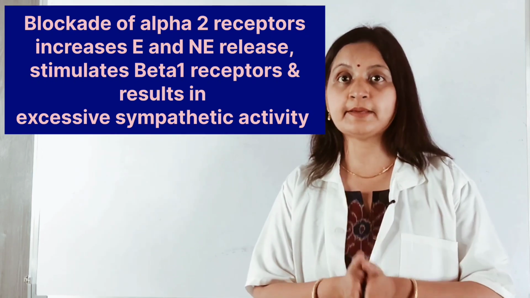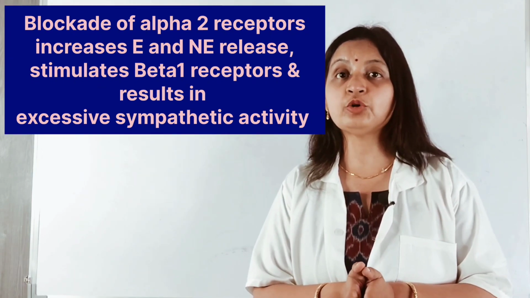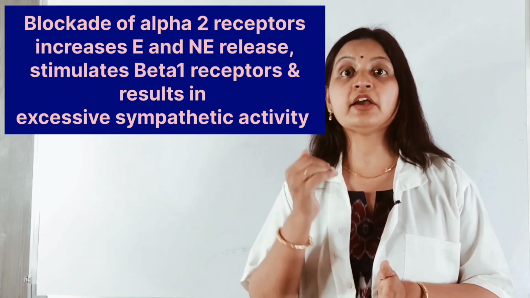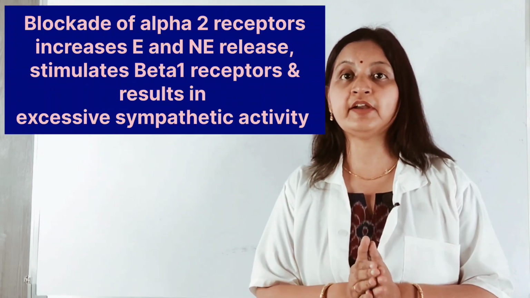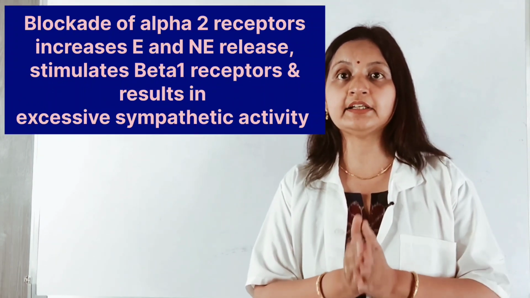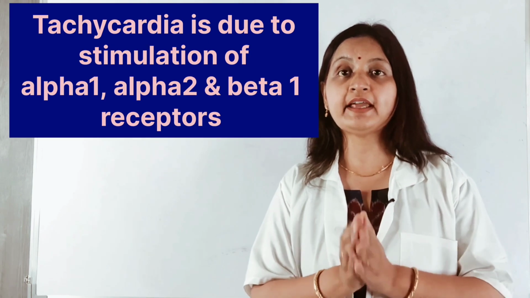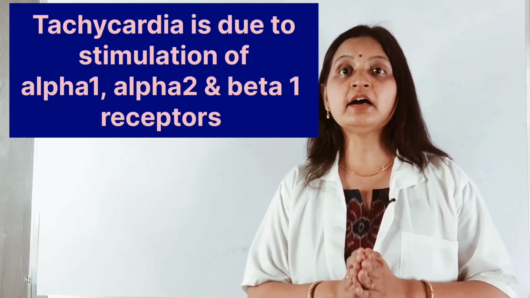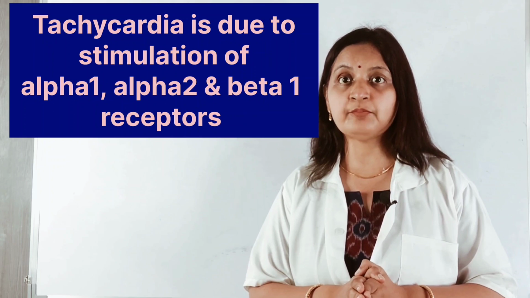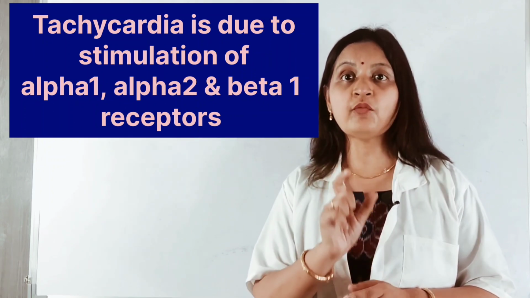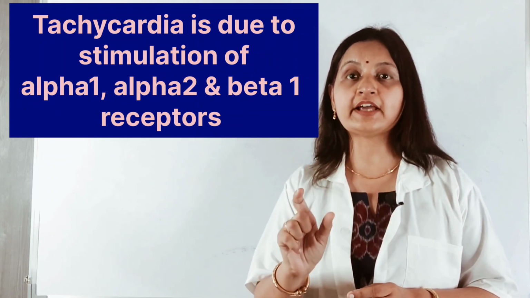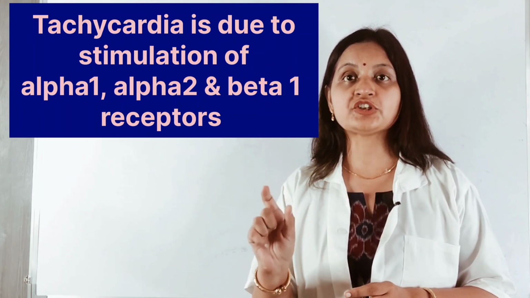Non-selective alpha blockers also block alpha-2 receptors. So blocking the alpha-2 receptors results in increased release of norepinephrine and excessive sympathetic activity. So increased norepinephrine stimulates the beta-1 receptor of the heart, resulting in significant tachycardia. So tachycardia in the case of non-selective alpha blockers is due to alpha-1 action, alpha-2 action and beta-1 action of the heart.